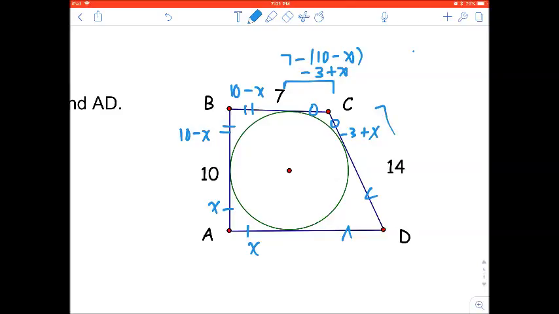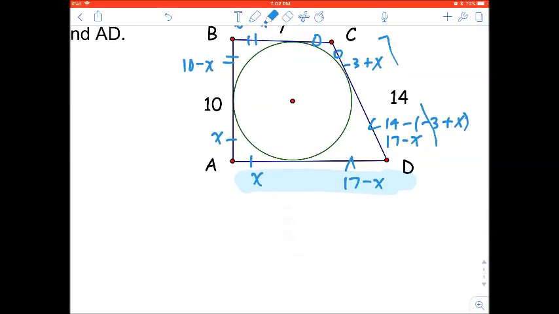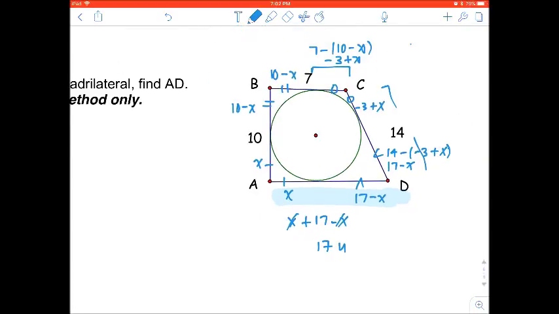If this whole segment is 14, then 14 minus the negative 3 plus x is going to be the last part here, which would be 17 minus x. And now I have two expressions that make up my missing side. x plus 17 minus x is going to be the measure of AD, and the x's cancel, leaving me with 17 units for AD.